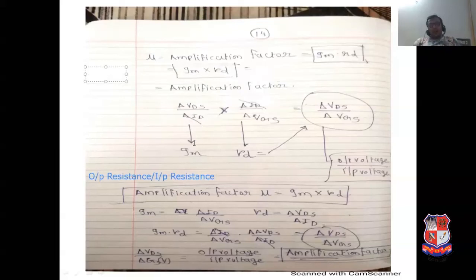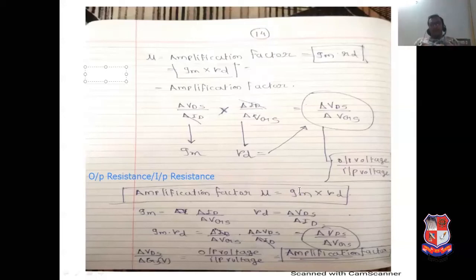Gm is the transconductance, and RD is a resistance. So delta VDS upon delta VGS is output voltage divided by input voltage. So it is known as the amplification factor, Gm into RD. It is the fundamental equation of amplification factor.